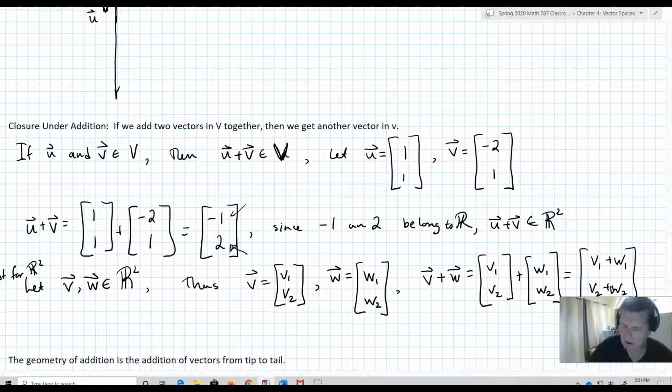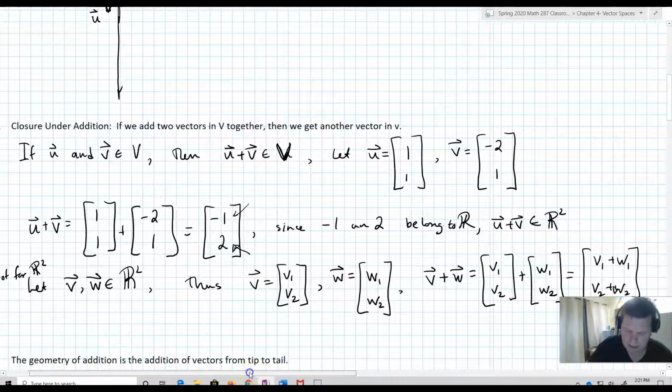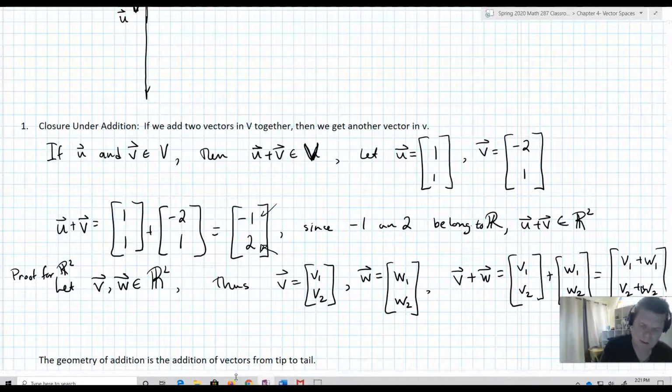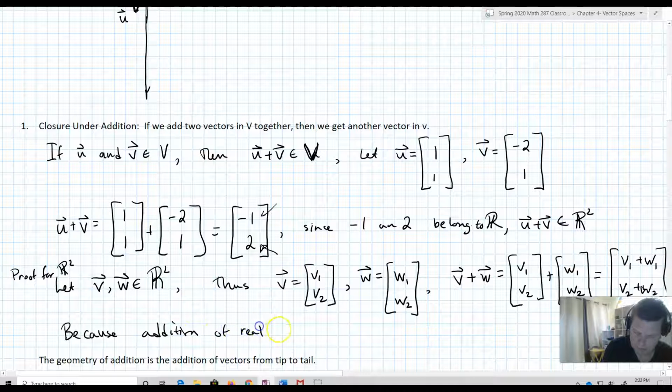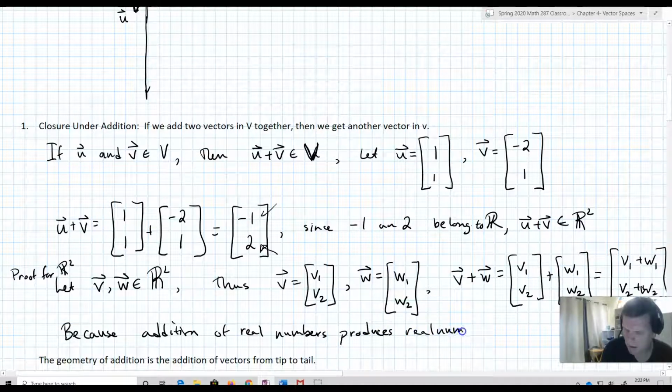Now, here's the statement that you might want to make. Because addition of real numbers produces real numbers, V plus W belongs to R2.